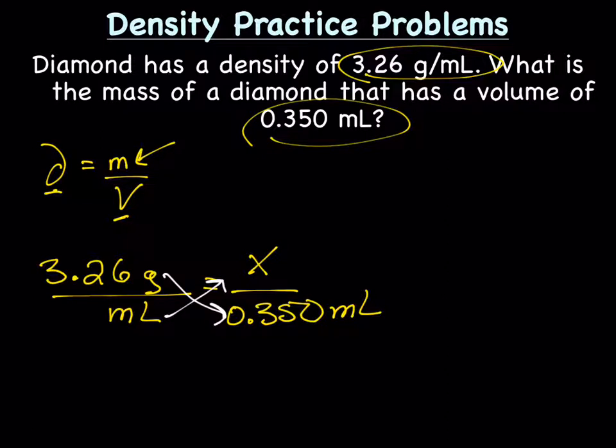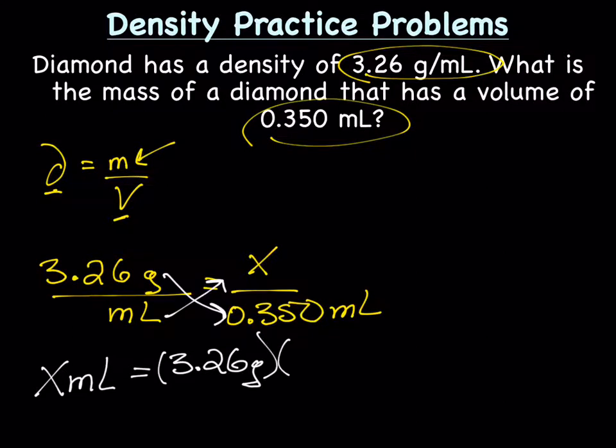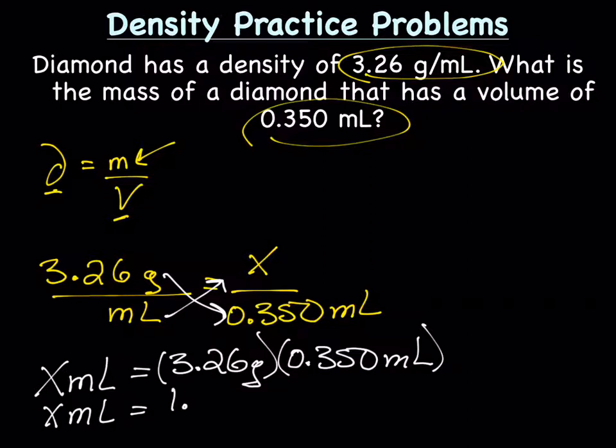So we'll end up here with x milliliters equals 3.26 grams times 0.350 milliliters, giving us x milliliters equals 1.141 grams milliliters.